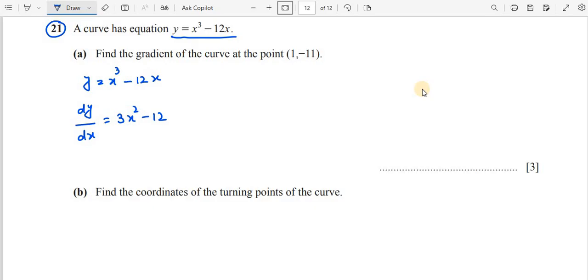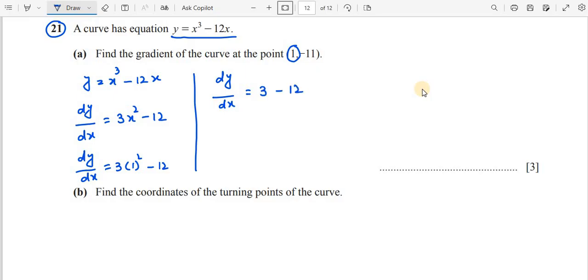So put the point x is equal to 1. So dy over dx is equal to 3 times 1 square minus 12, which is 3 minus 12. dy over dx is equal to minus 9. So the final answer is minus 9.